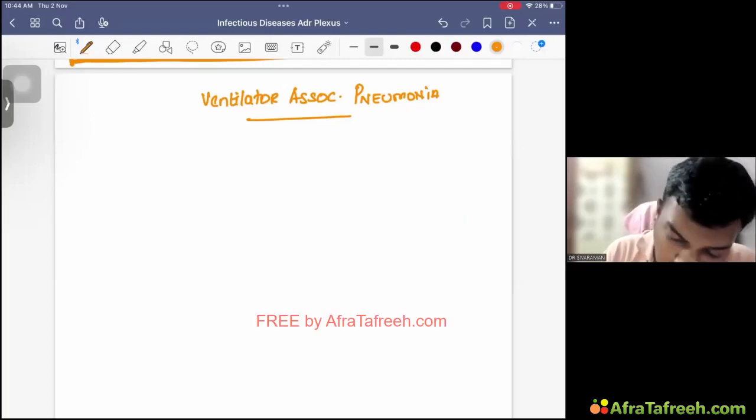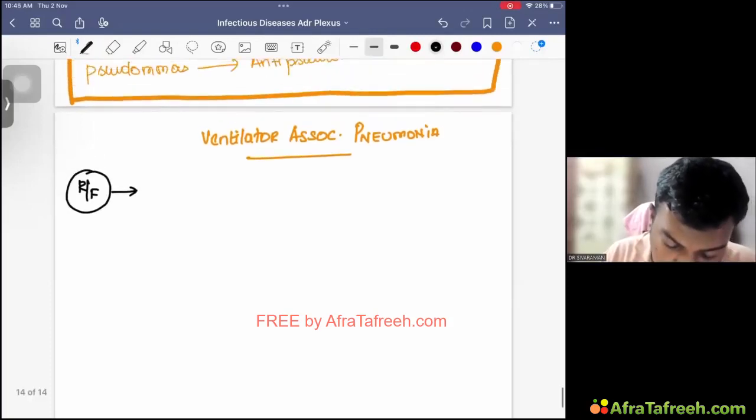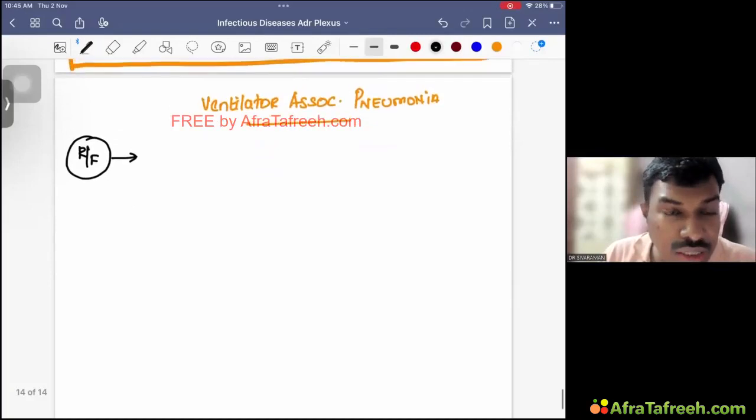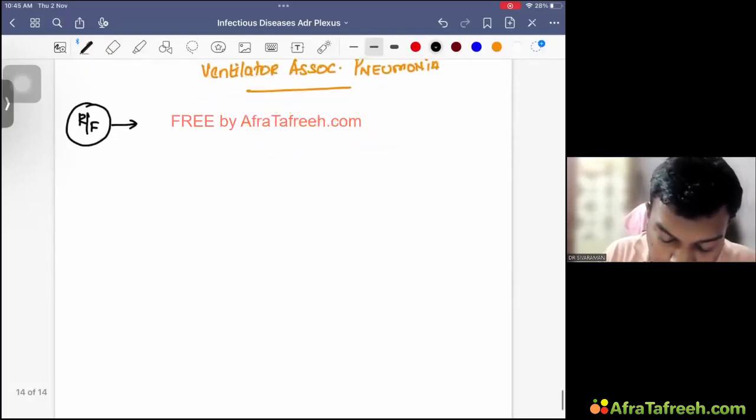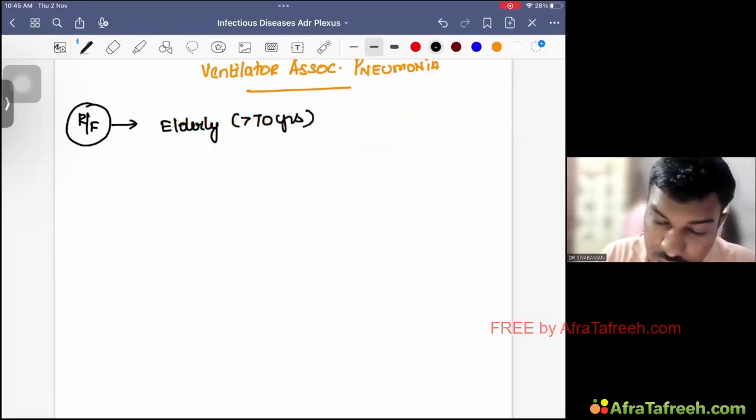Whenever you have a patient coming to you with intubation followed by worsening, then the risk factor will be more in patients who are elderly, more than 70 years of age.